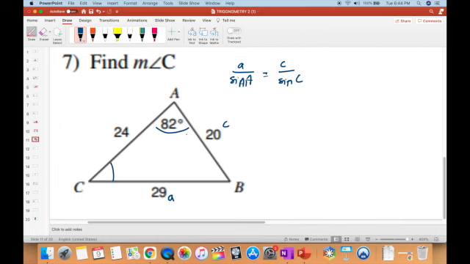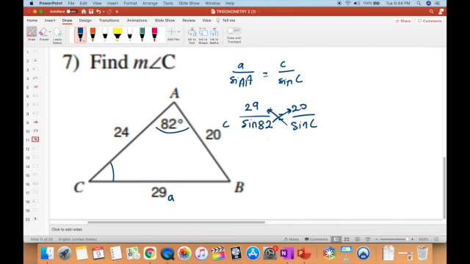So A is 29 all over the sine of A, so that is sine of 82, equal to C, which is 20, all over the sine of C, which is what we want to find. So now we cross multiply. We can't just fling it across. If it was on the numerator, we could have just flung it across.